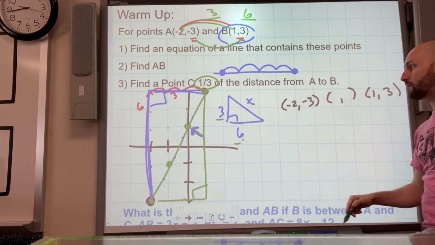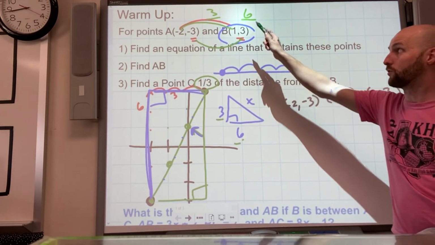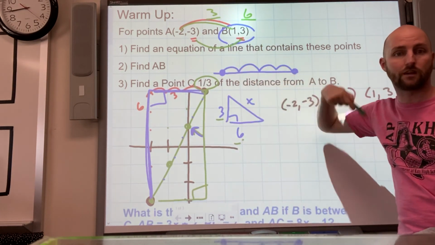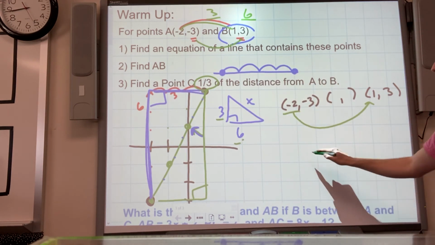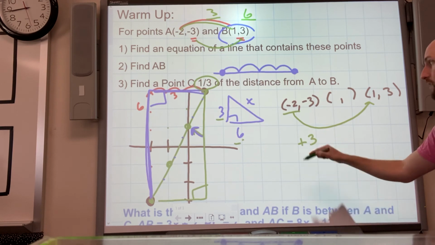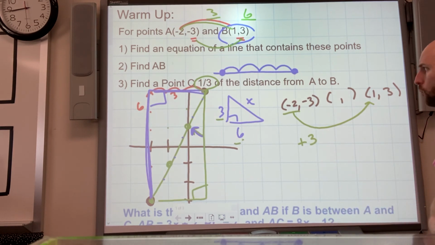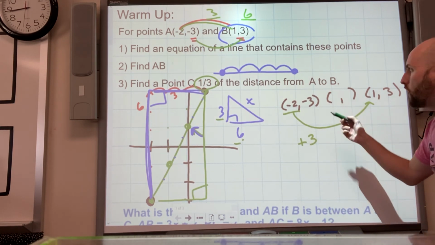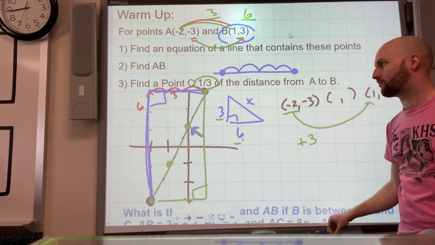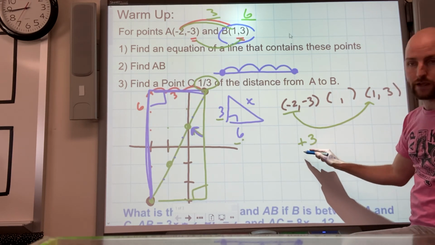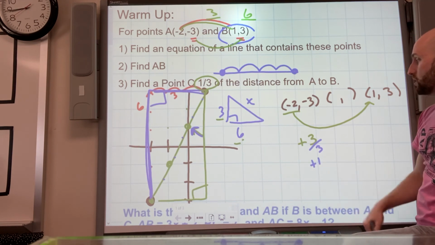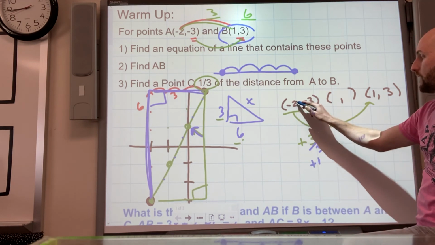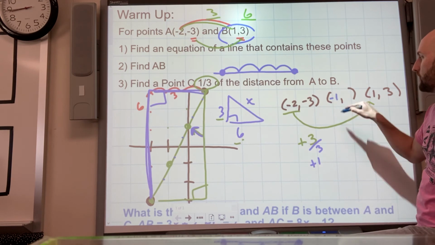You'll notice it's going to use those same 2 numbers that we've been using for this whole problem. From -2 all the way to 1, I added 3 to get that far. Well, this new point that they want is only 1/3 of the distance. So what is 1/3 of 3? If I cut that in thirds, I'm only going to add 1. So -2 plus 1 is -1.